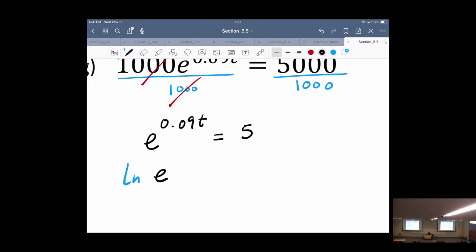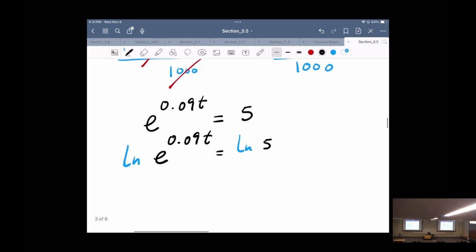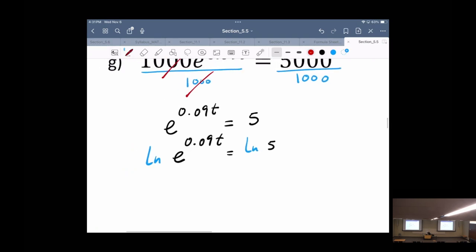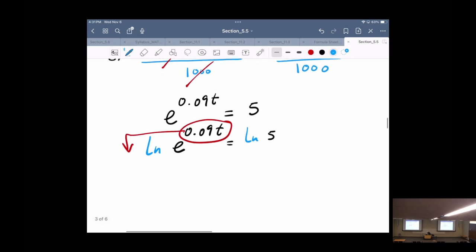So natural log of e to 0.09t equals natural log of 5. Okay, what does this do? This will allow me to bring this power down and in front. Okay, so if I do that, I will get 0.09t, right, times natural log of e equals natural log of 5, right?